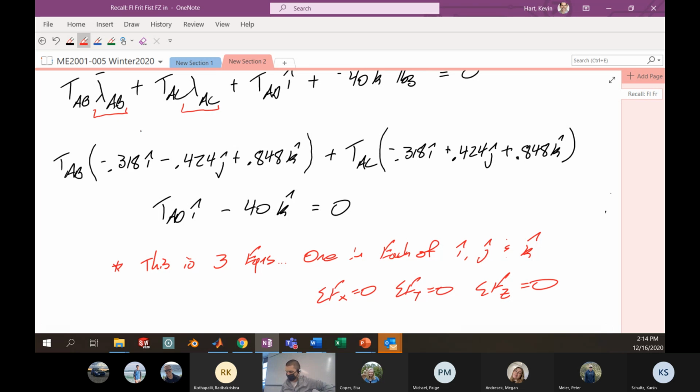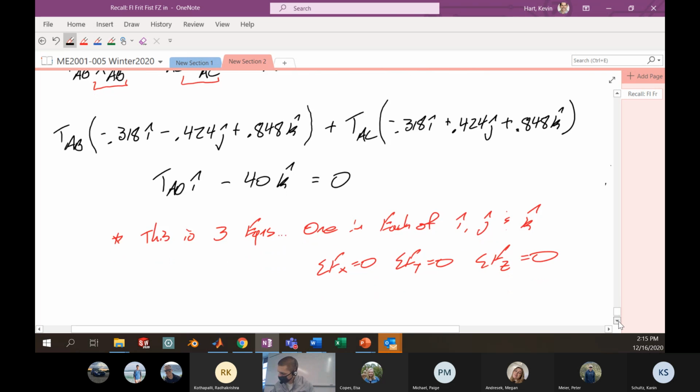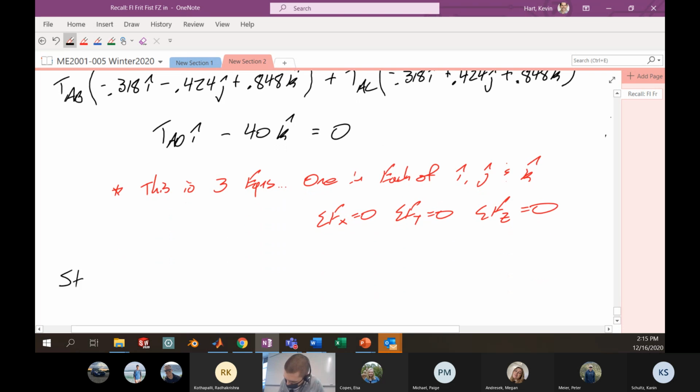It will actually be easiest for us to do the y direction first, because this guy hanging out here in i, this guy hanging out here in k makes those two directions a little bit more difficult. So we'll actually start with the y direction, which is this j hat unit vector. So we'll start with the sum of the forces in y direction equal to 0. I'm just going to pluck the components here for the y direction.